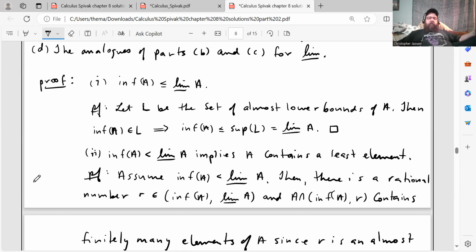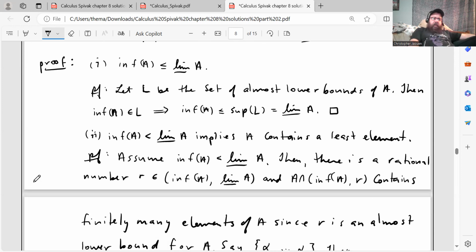And that's the proof. Part two, this is the proposition. Inf A less than lim inf of A implies A contains a least element. So here's my proof.